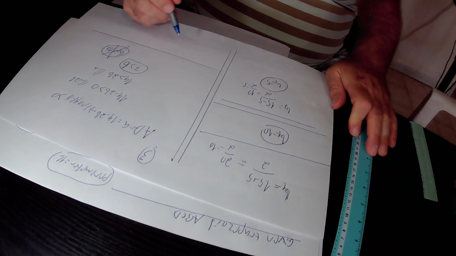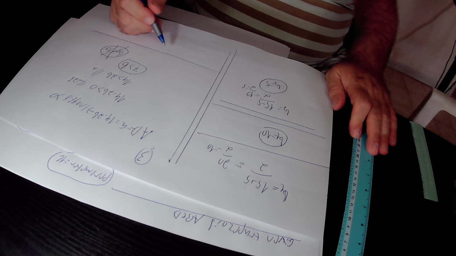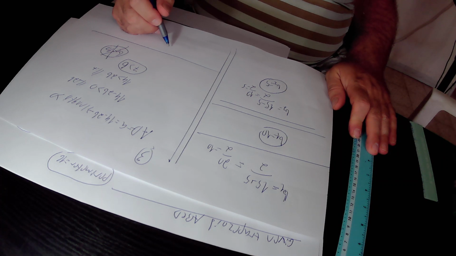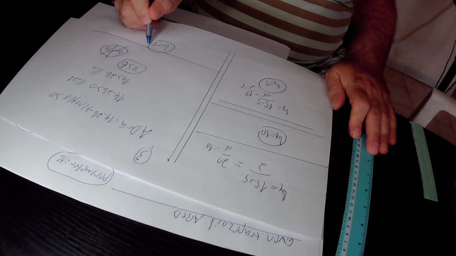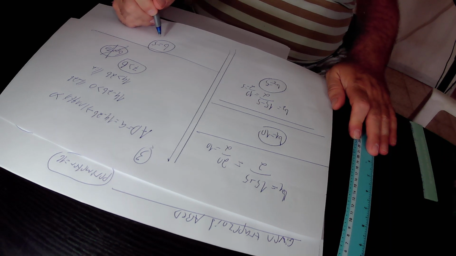This is b2, that is b equals 5, and it is the only solution that is possible for b. So b equals 5 units.